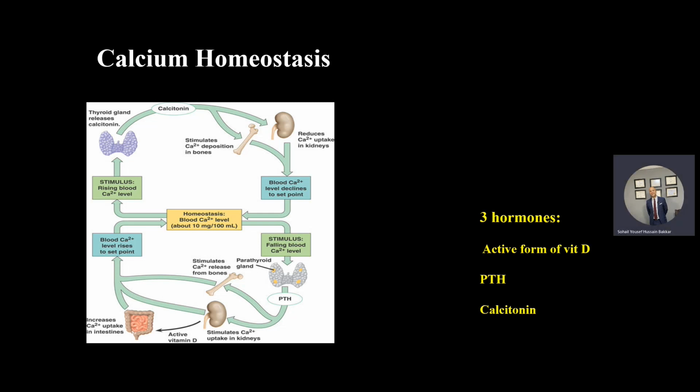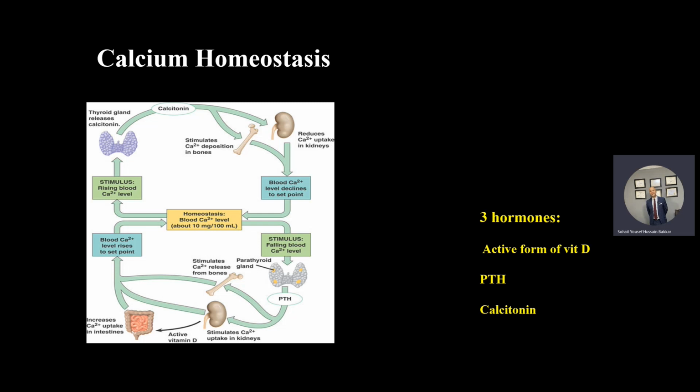As for the parathyroid hormone, we should know that the parathyroid glands are the only endocrine glands that are not controlled by the hypothalamic pituitary axis as in other endocrine glands. Let's take the thyroid, for example, or the adrenal gland. The thyroid gland is controlled by the hypothalamic pituitary axis.